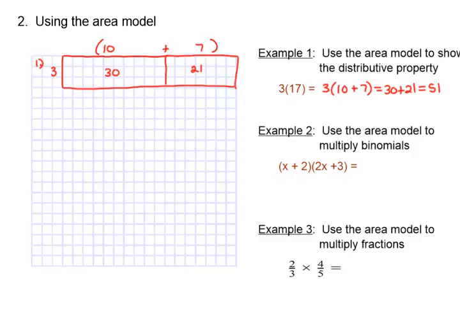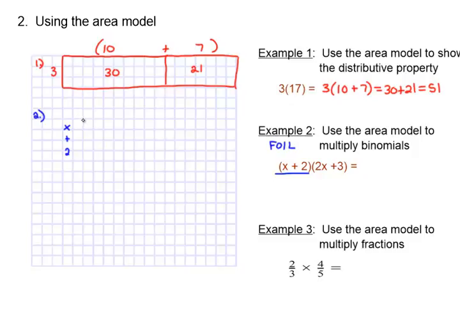Alright, so let's look at example 2, the area model used in algebra for a binomial times a binomial. Most of you learned how to do this using FOIL. But let me show you what's really going on. So you don't need to use FOIL. So let's say that I have x plus 2. X plus 2 is right there.